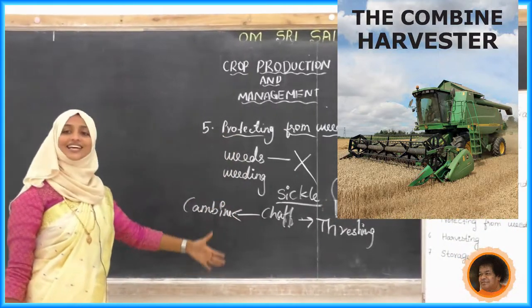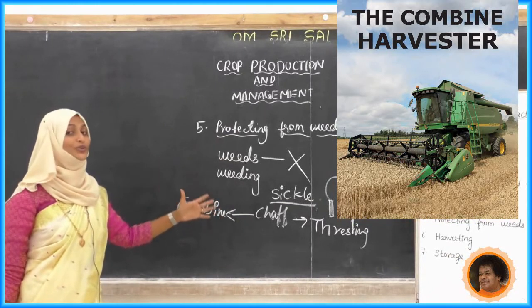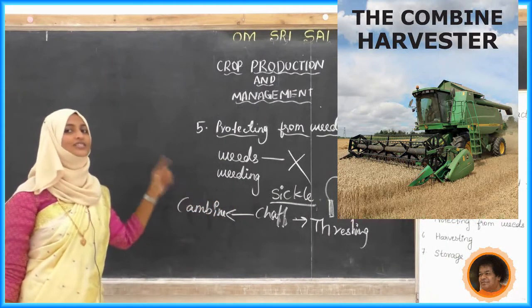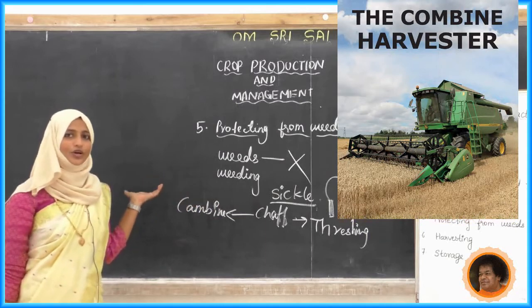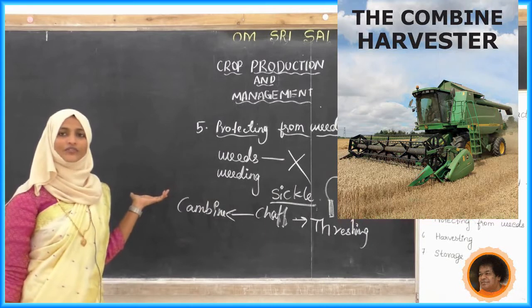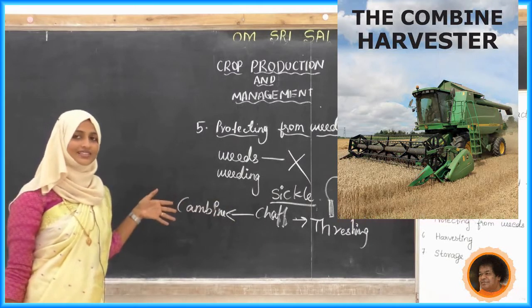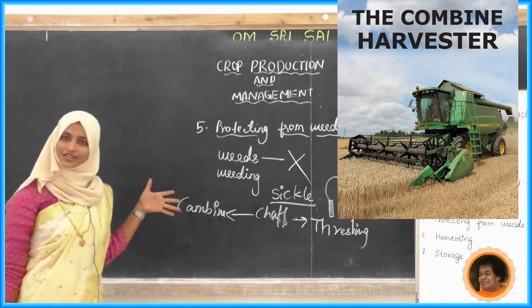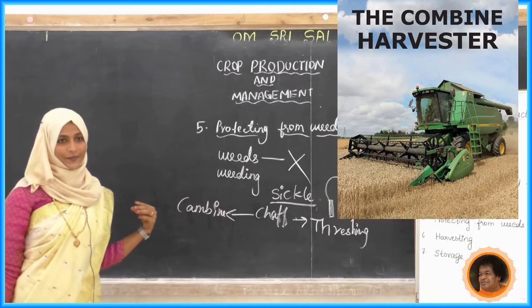Just appreciate the science and technology, how they invented this. We have to say thanks to the scientists who discovered this, because otherwise it would take time and many farmers or human laborers would be needed, but with this, within an hour it finishes everything. This is the machine they are using.